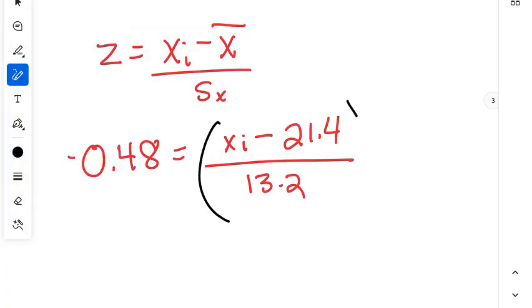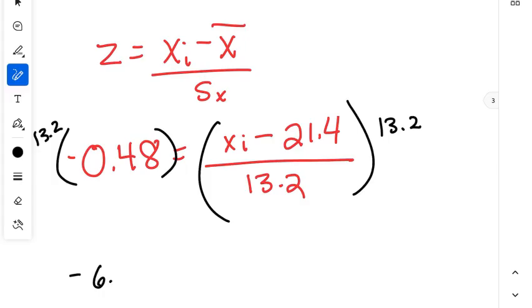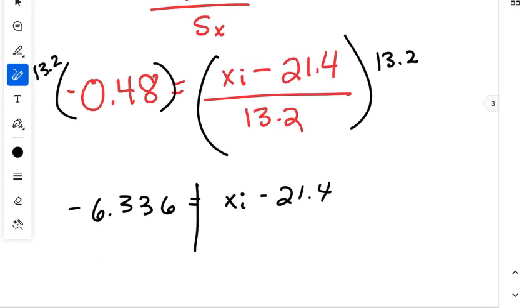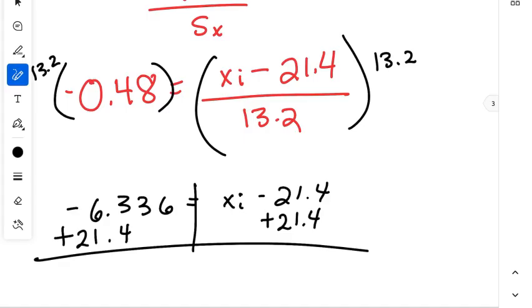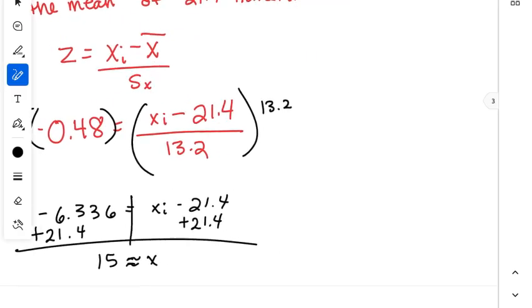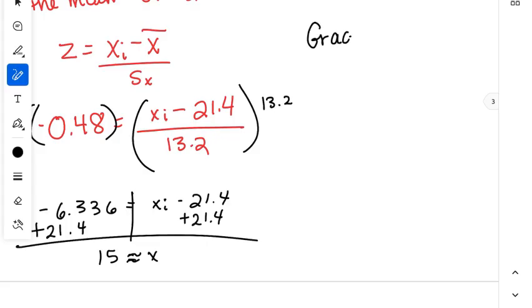Here's the standard deviation, 13.2. So we would need to solve this. So this is algebraic. Multiply by the denominator. And then add 21.4. We get approximately 15.